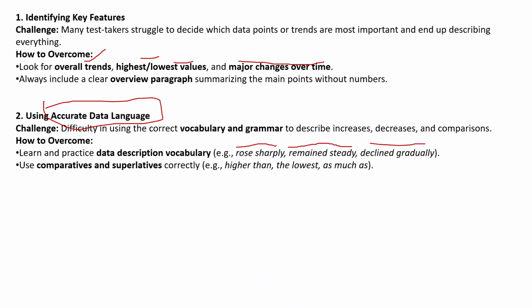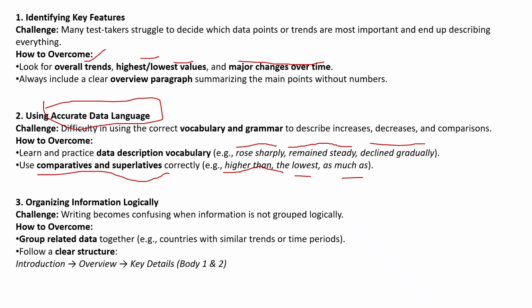Comparison is also very essential. At least if you're writing two body paragraphs, then you should be making a comparison, like in the previous model. You must have noticed that there was comparison between certain activities between boys and girls. So you can use those superlative and comparative degrees: higher than, the lowest, as much as.